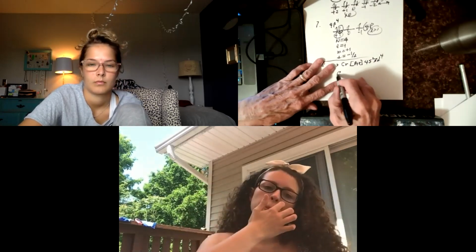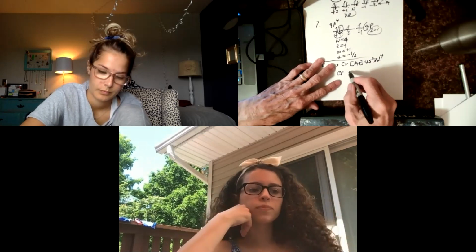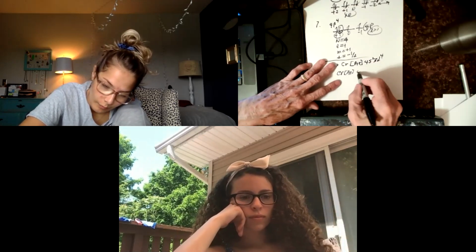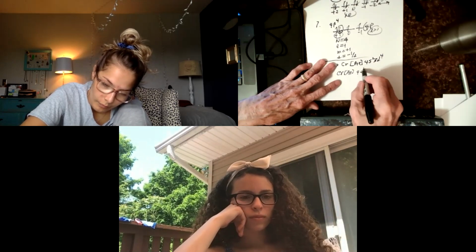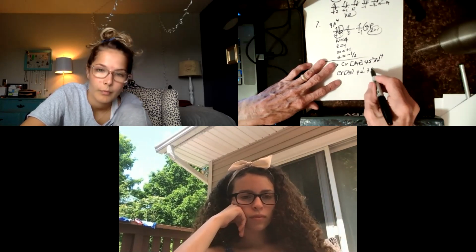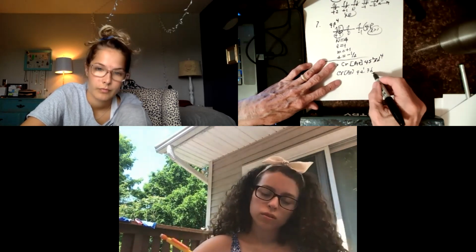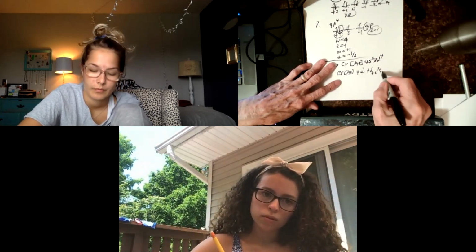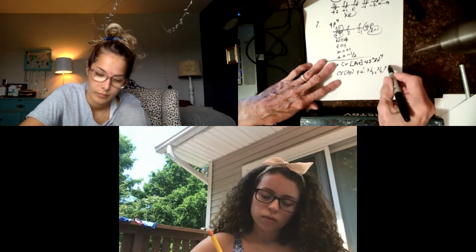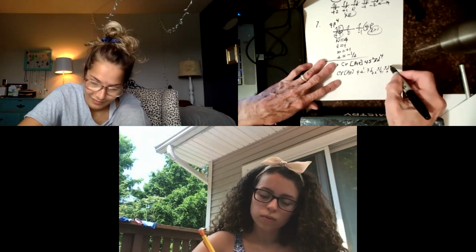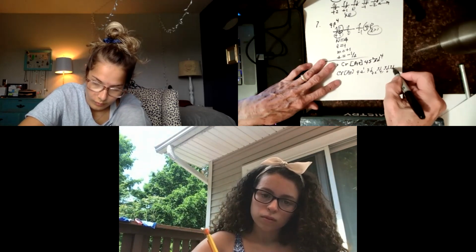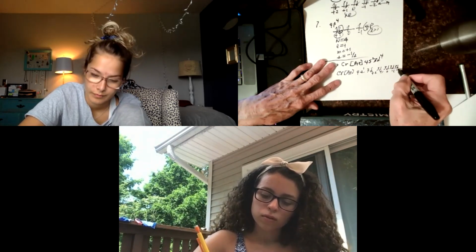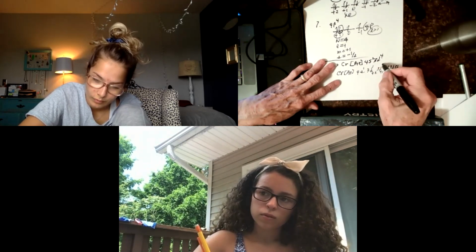So chromium orbital designation is going to be an argon core. The 4s orbital is going to have 1 in it. Then I'm going to have the 3d plus 2, 3d plus 1, 3d 0, 3d minus 1, and 3d minus 2. Each is going to have 1 electron in it.